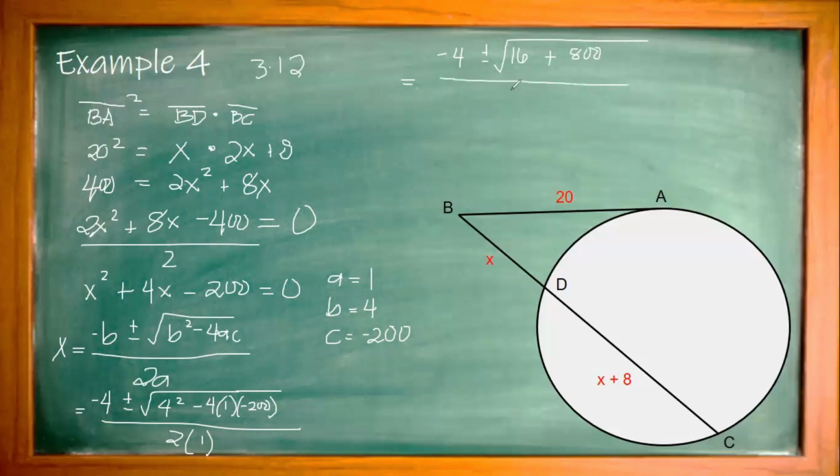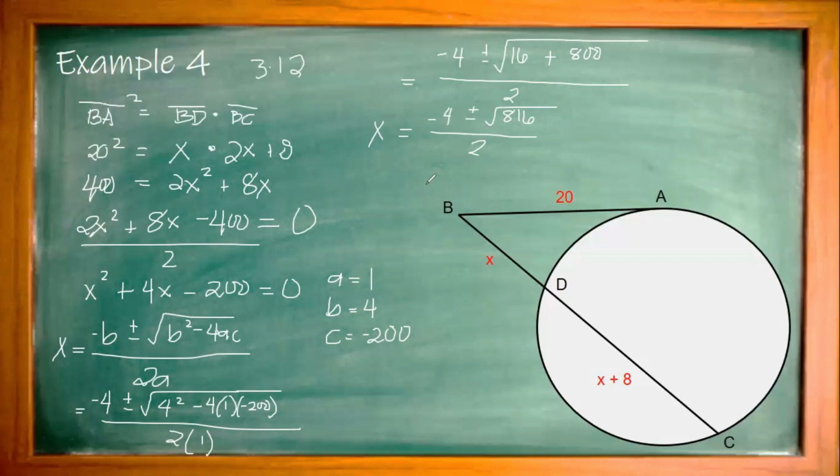All over 2. Then let us now operate the radicand, and that is equivalent to 816 all over 2. So these are now our values of x, but we can get its decimal value. We can have x equivalent to negative 4 plus square root of 816 all over 2, and x equivalent to negative 4 minus square root of 816 all over 2.